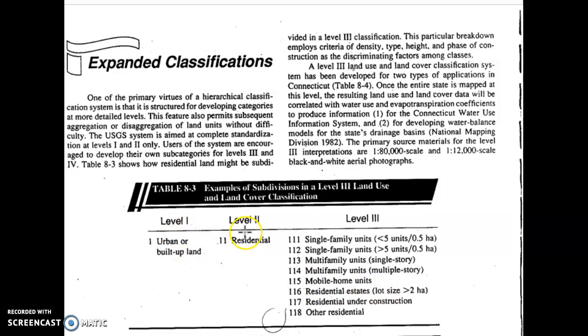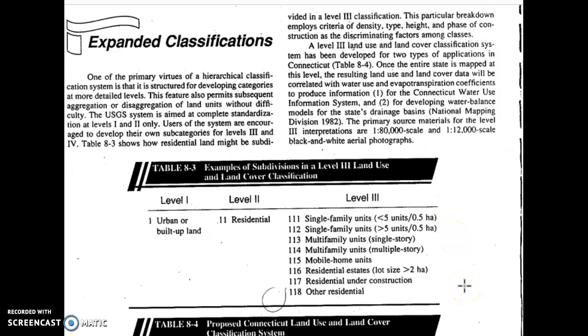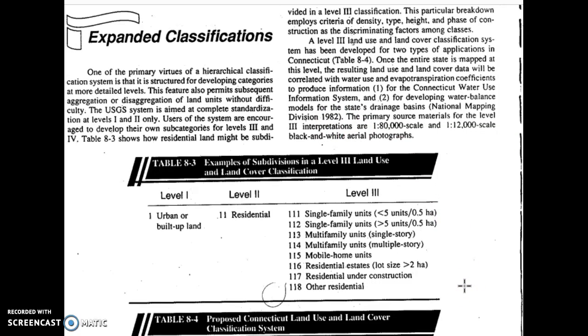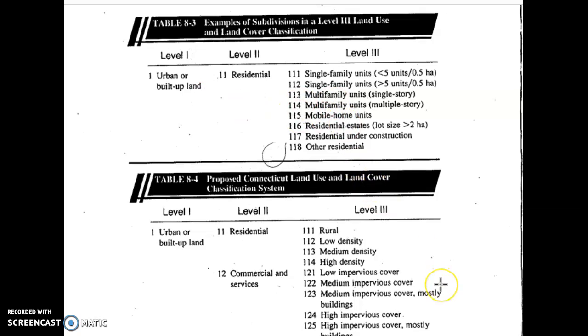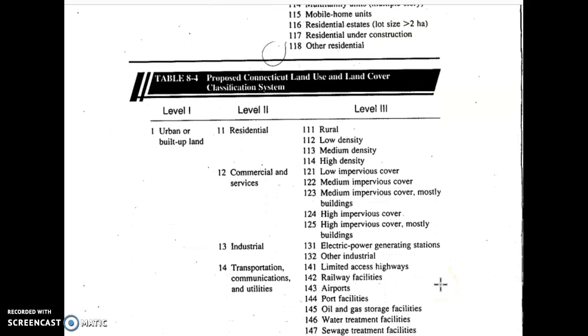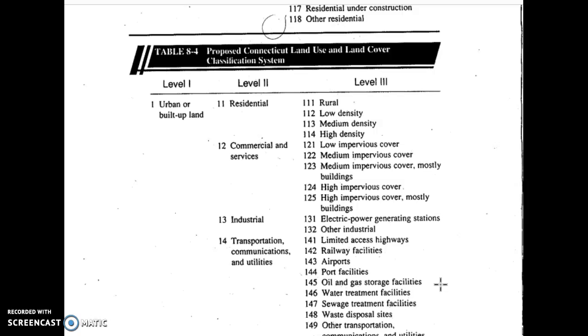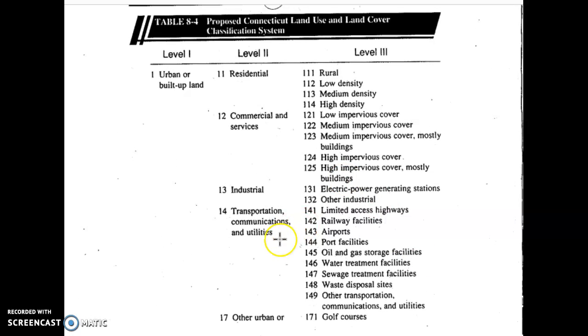So level 1 and level 2 are the USGS system, and then the level 3 was developed in Connecticut on the state level. So you're going to use this particular handout to do some classification in the lab. Okay, and you also will want to have this handy during the final exam because you'll need it.